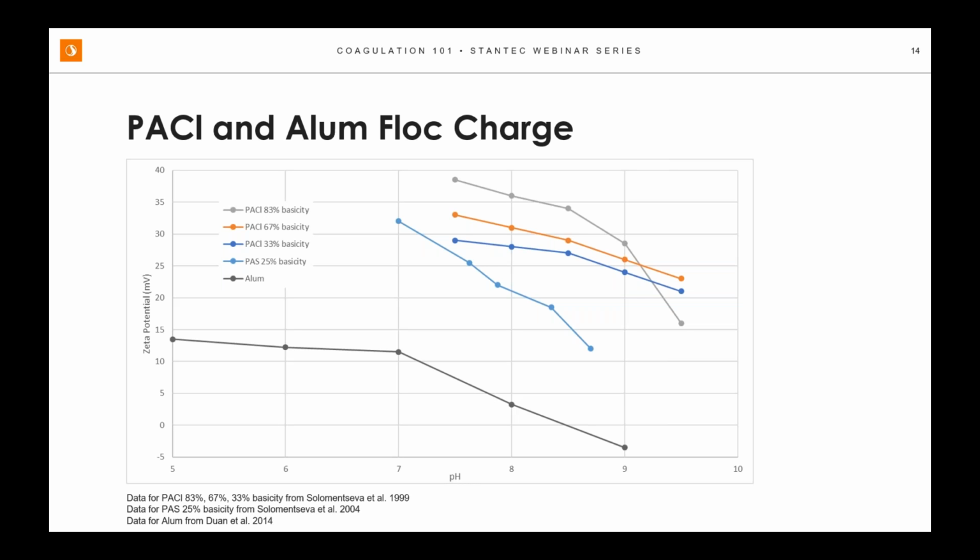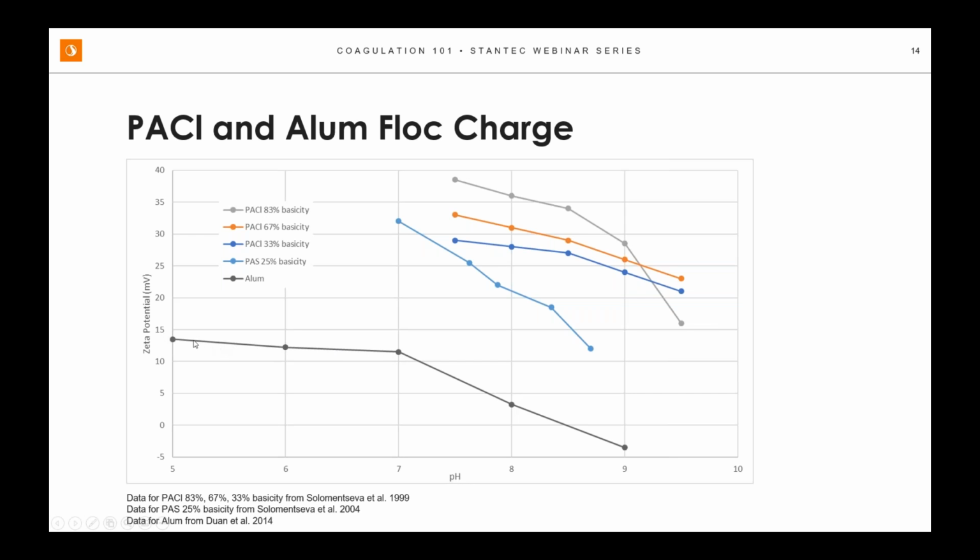But regardless of how it gets there, after it's reacted with things, it's the charge on the particles that we end up with that's important. So here, this shows you if you added alum and you added it at pH 7, the flock particles formed are just a little bit higher than +10 millivolts.